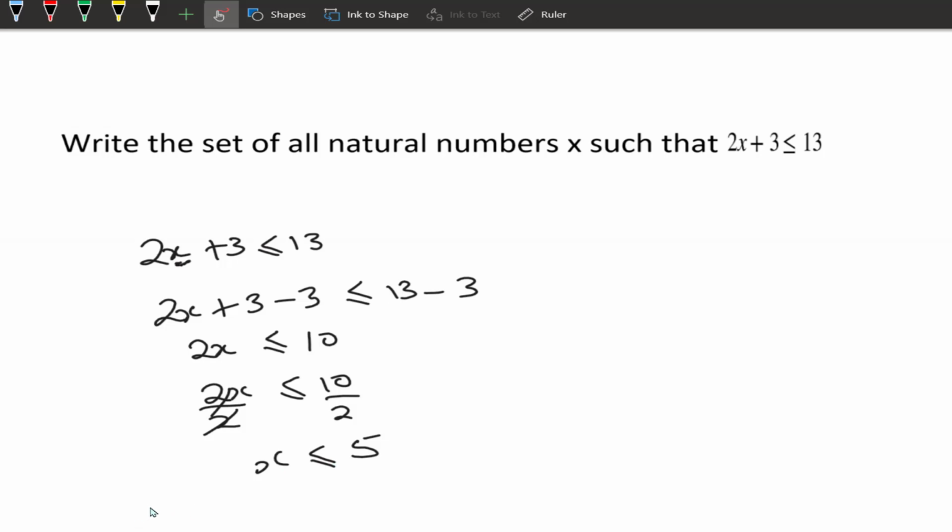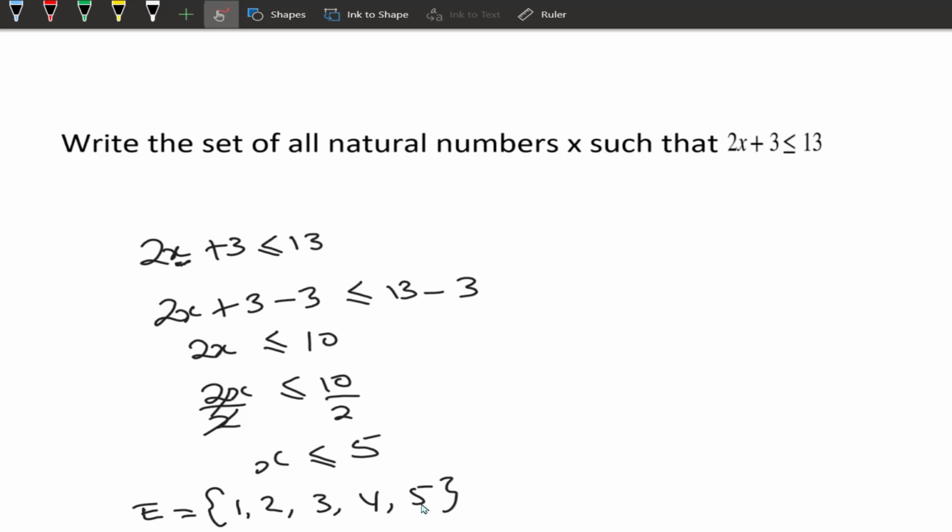So let me use E to denote it. It will be 1, 2, 3, 4, including 5. So this will make the left hand side of this inequality less than or equal to what? 13.